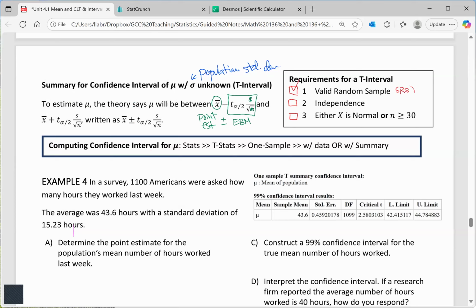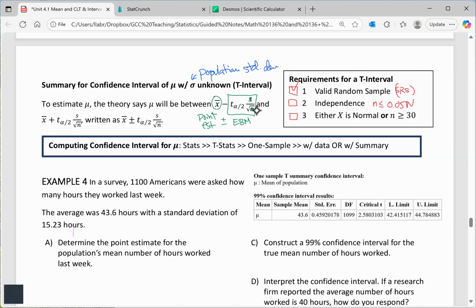We need independence, which means that my sample size, n, has to be less than 5% of the population, so less than 0.05 of capital N. And we saw in the probability chapter that this ensures independence even if you sample without replacement. So there's a slight technicality, but hopefully by now that makes sense.